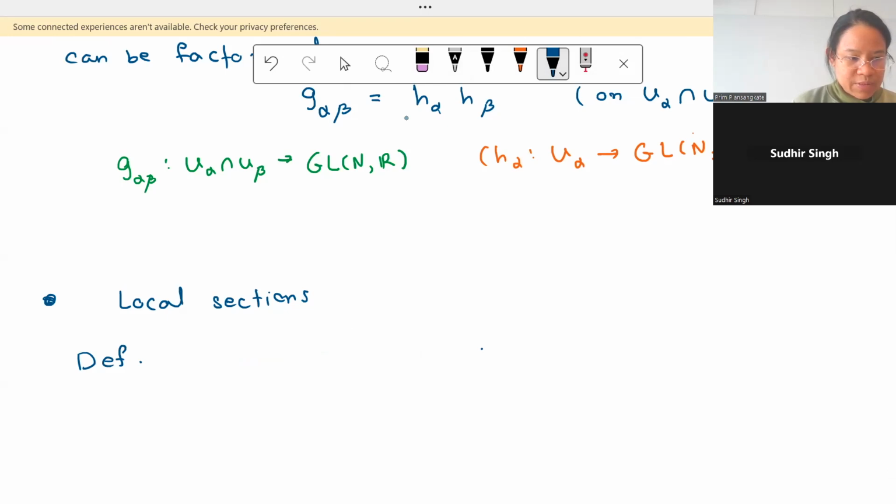So again, M is a smooth manifold, E over M a smooth vector bundle.